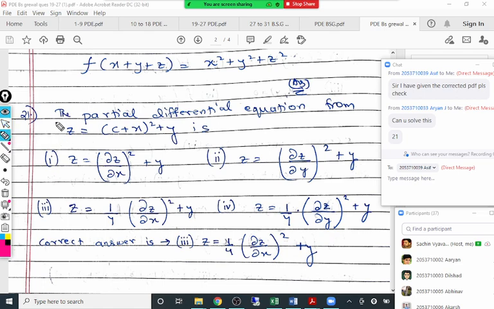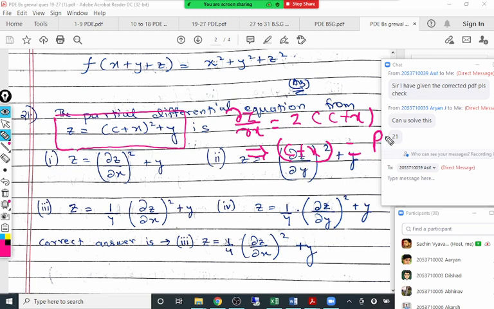Let me show you. So this is the equation we are given. If we differentiate it with respect to x, we get dou z by dou x is equal to 2 times (c plus x). As we are differentiating partially with x, the derivative of y is 0. So indirectly we get the value of c plus x. What is the value of c plus x? This gives us c plus x is equal to p by 2, where dou z by dou x is p.